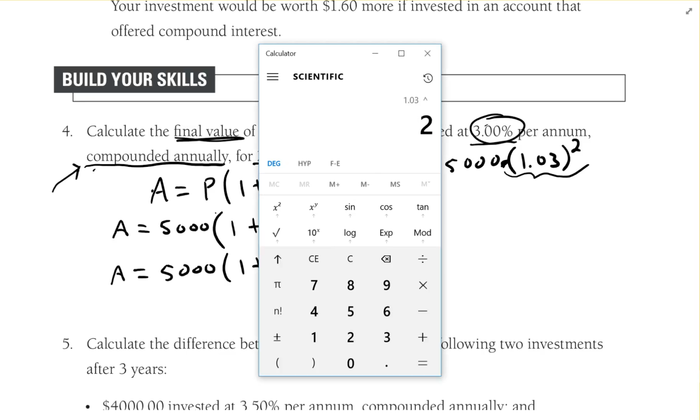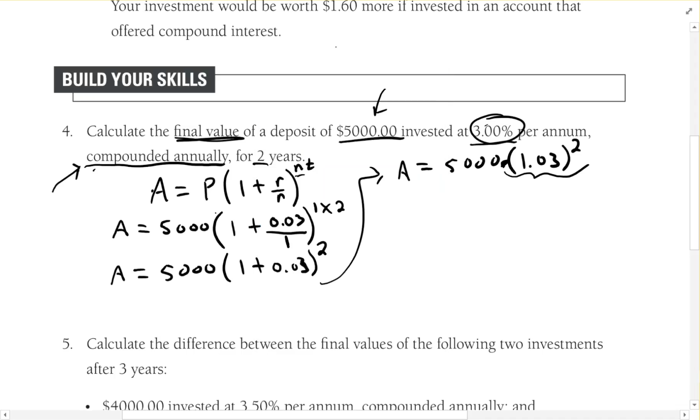So to the power of 2, and then equals. So now I know that's what my number is. That's 1.03 to the power of 2. And then I'm just going to multiply that by 5,000. Okay, so there's my answer: 5,304.